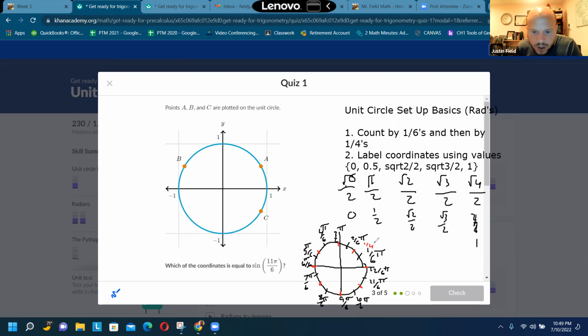So that's 1/4, 2/4 is the same as 3/6, 3/4, 4/4, it's the same as 6/6, 5/4, 6/4, 7/4, and then 8/4. Okay, so that's how you can set up your radians, and so we can see our measures right there.